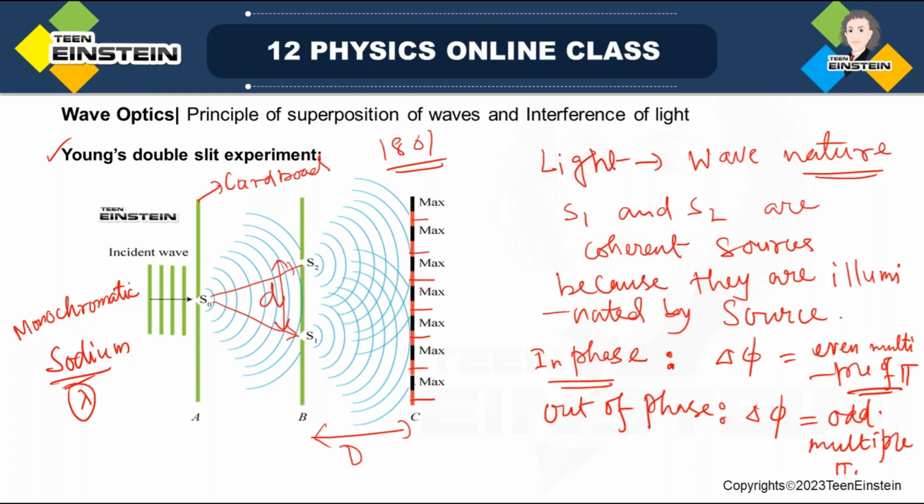So alternating bright and dark fringes will be seen on the screen. Since each region is spread out, these are called fringes.